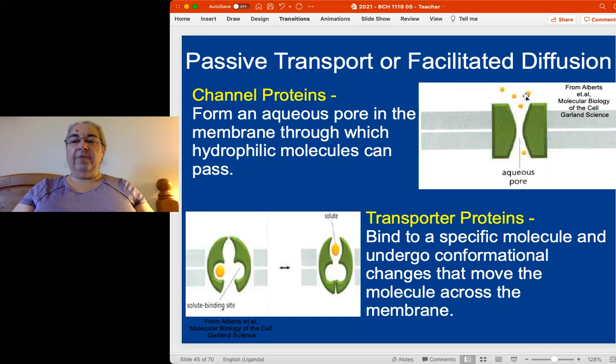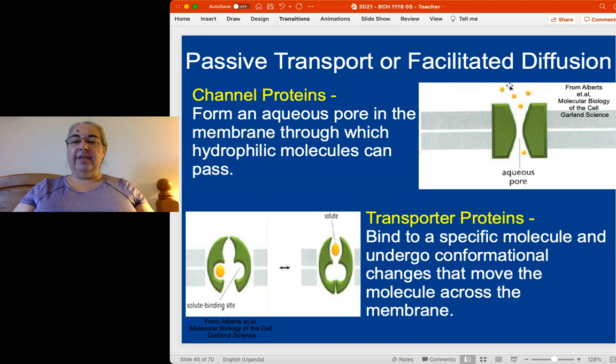So here, if we look at these little yellow molecules, there's a lot of them on this side of the membrane and not so many on this side. And the way they're able to pass through this membrane is through a channel protein that has an aqueous pore in the center, a watery hole.